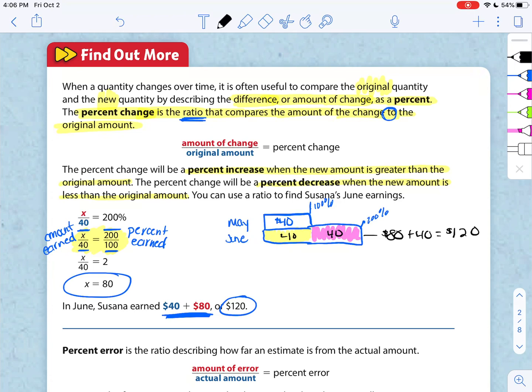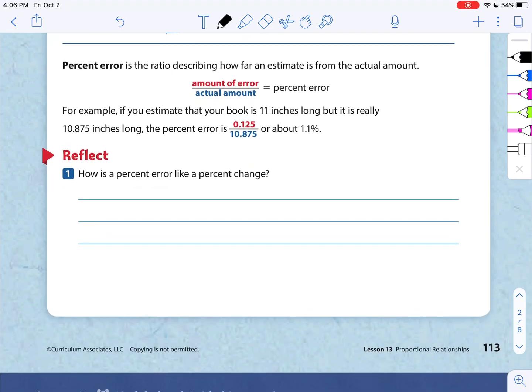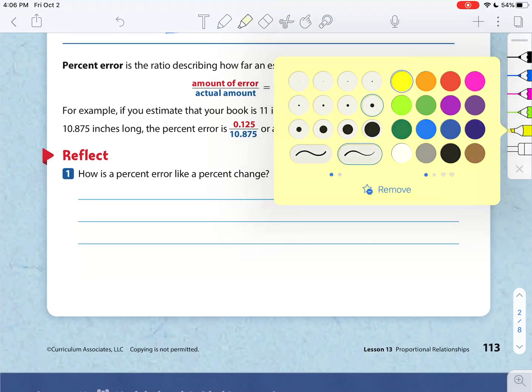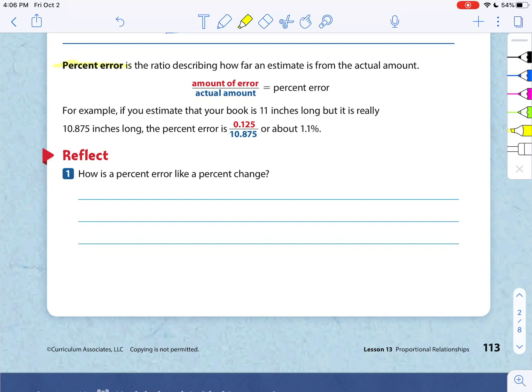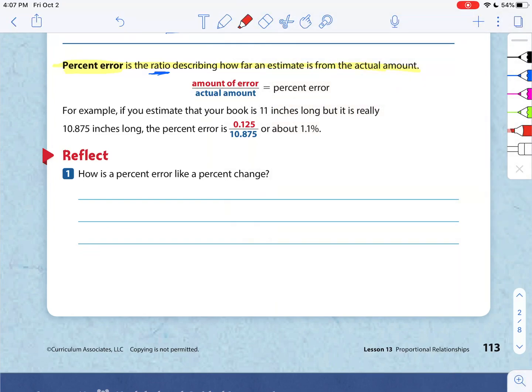Now, another way we can look at these, so we have percent change, percent increase or decrease. We can look at percent error. So percent error is the ratio describing how far an estimate is from the actual. So again, we have that word ratio in there, so we can write the ratio of the amount of error over the actual amount.